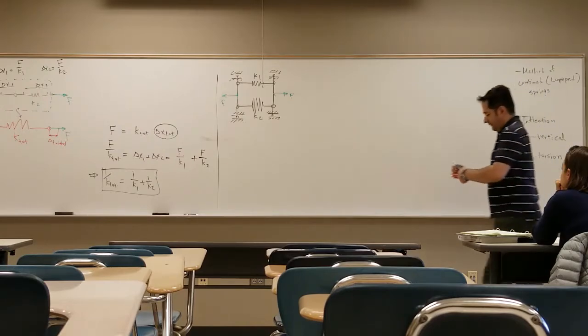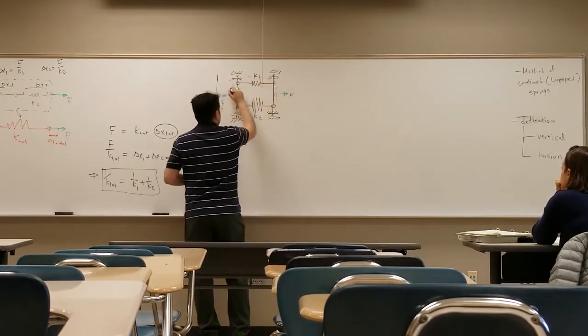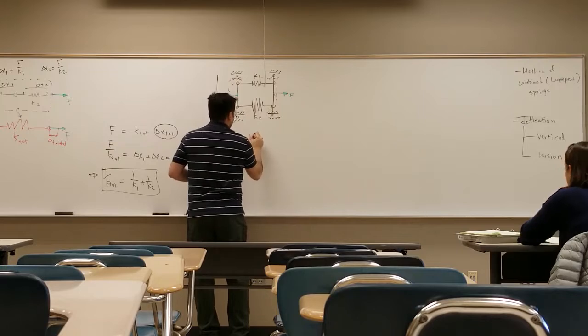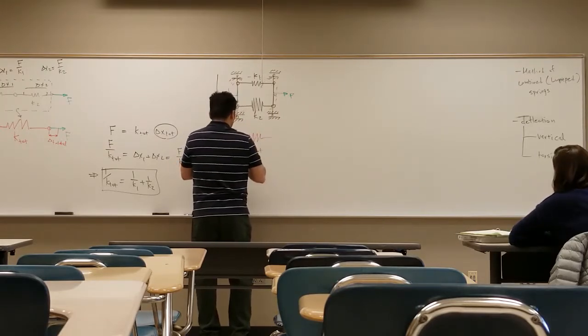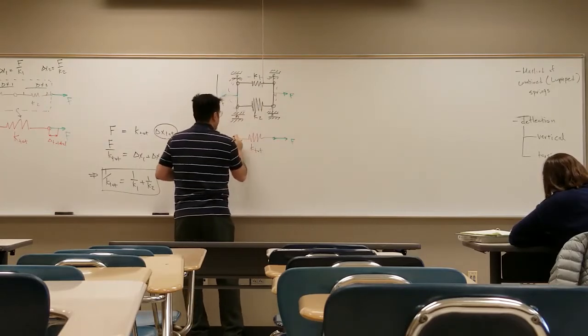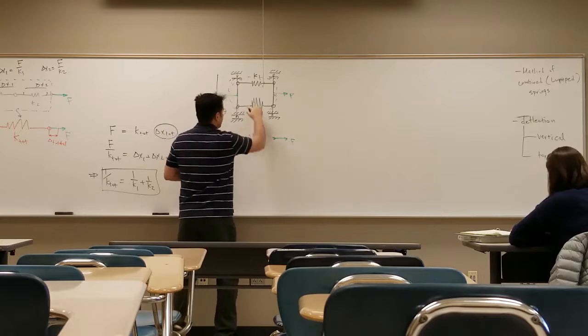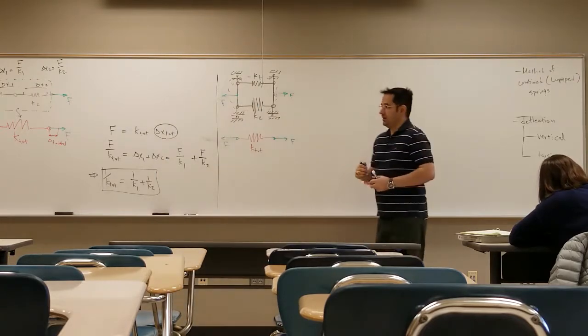That means if I lump these two springs together and put just one K total, what would be the expression for K total in terms of K1 and K2? How can you prove it?